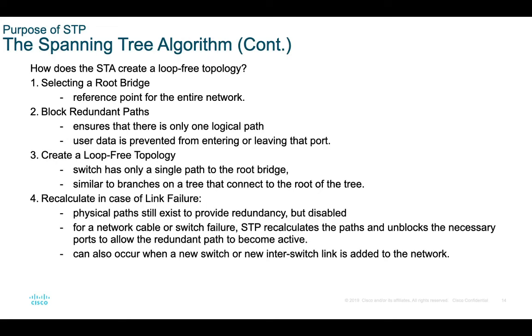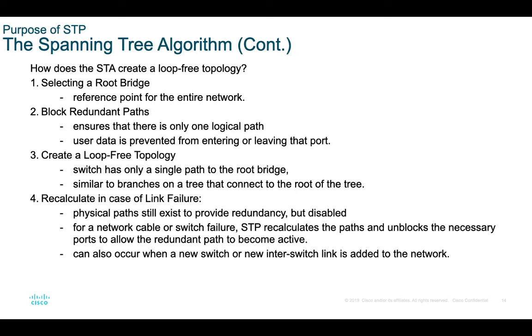How to select a root bridge? All the switches must elect among themselves. They need to keep exchanging information. After a certain time we have convergence, and they come to the conclusion that one switch must be the root. So all other switches must use that root as a reference point in order to build a tree.